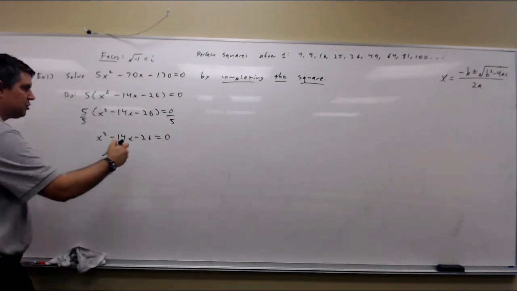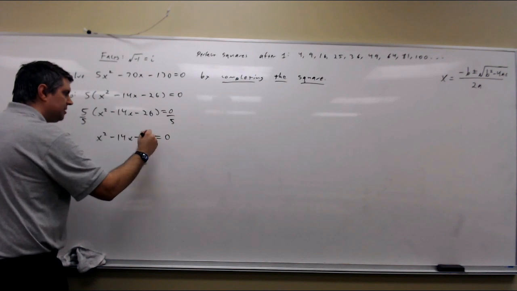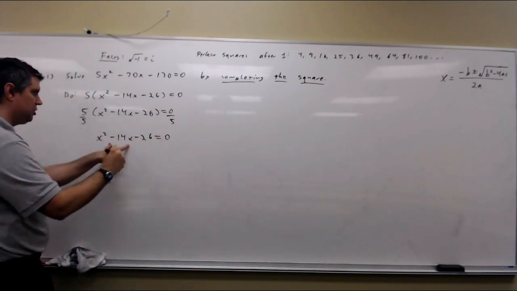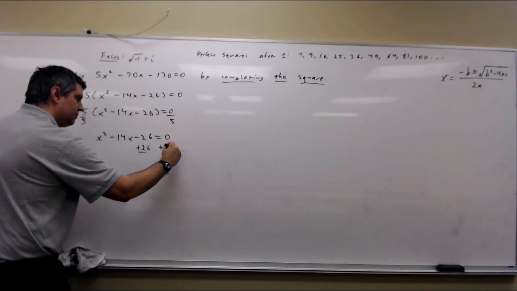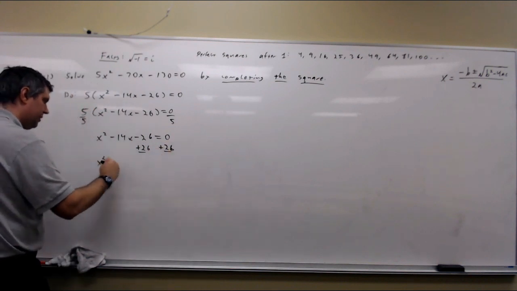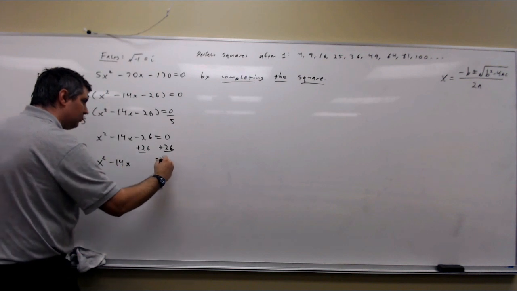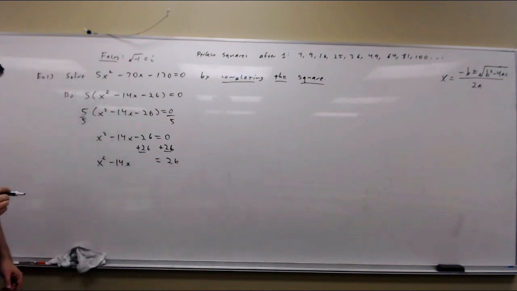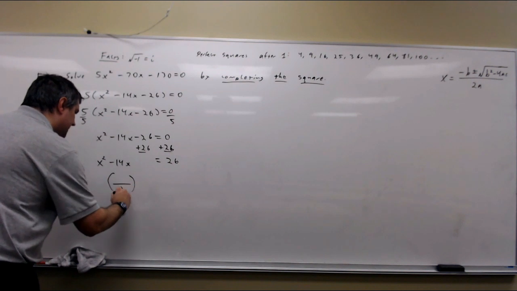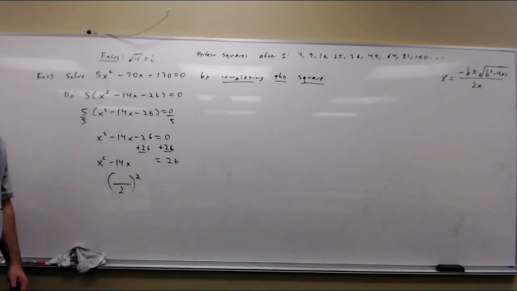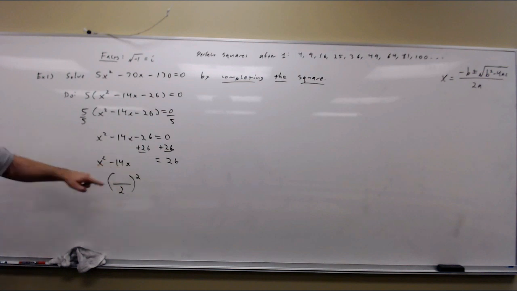Now to complete the square, you have to isolate the x terms. So we'll be adding 26. So x squared minus 14x equals 26. Next, you're going to be taking something and dividing it by 2. That something is negative 14.